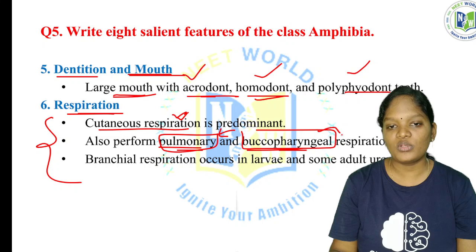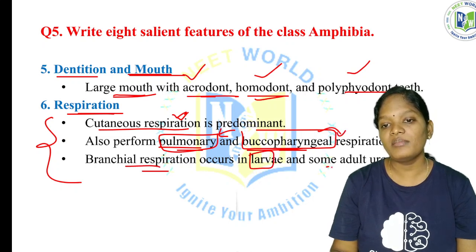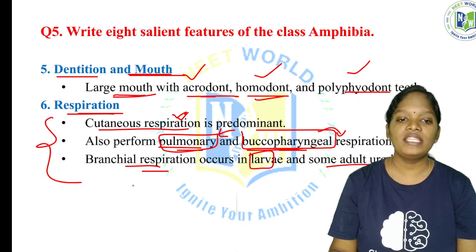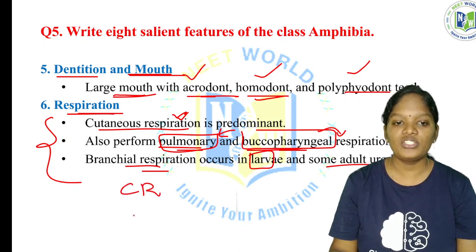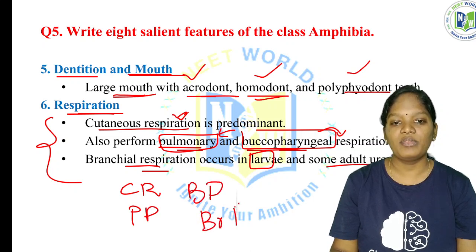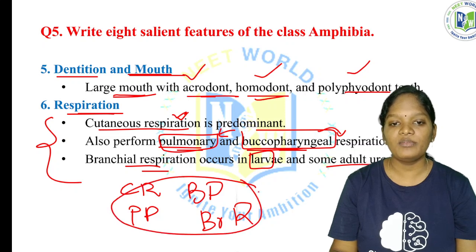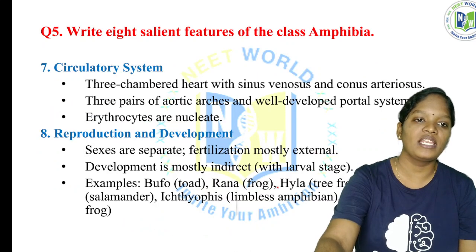Buccopharyngeal respiration is also possible. Branchial respiration occurs in larvae and some adult urodeles. So we can see cutaneous, pulmonary, buccopharyngeal and branchial respiration. All the types of respiration can be seen in the class Amphibia.